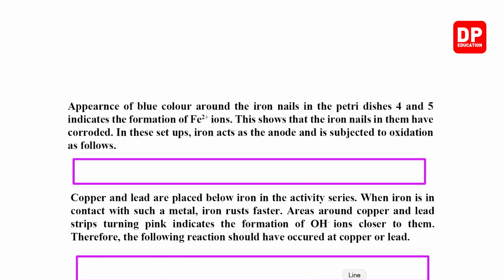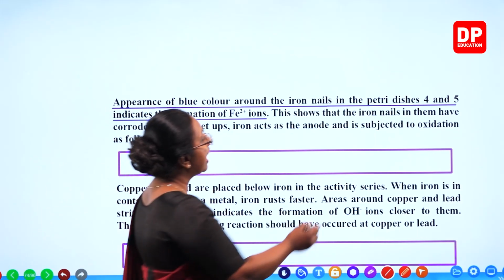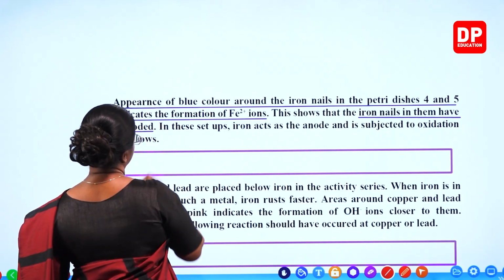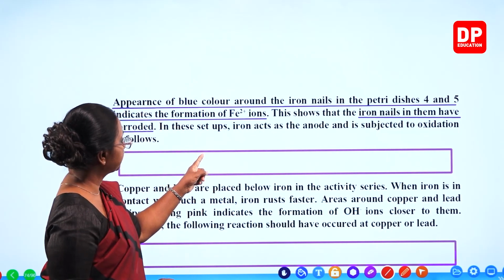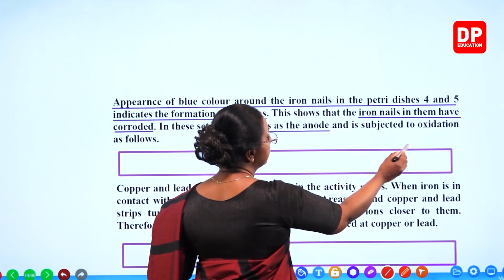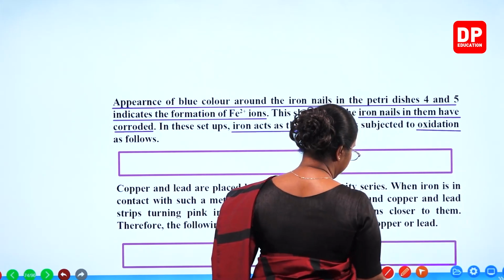Then here, appearance of blue color around the iron nails in the Petri dishes 4 and 5 indicates the formation of Fe2+ ions. This shows that the iron nails in them have corroded. In these setups, iron acts as the anode and is subjected to oxidation.